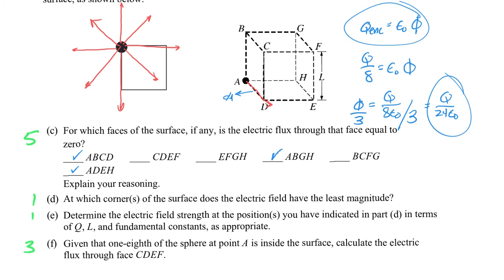So basically that there was symmetry here, and that each side has the same amount of flux passing through it. And the last was for proper reasoning, putting those two ideas together to produce an explanation for the amount of flux. 3 points. I would be generous in your application of the credit for the first point, but there it is.